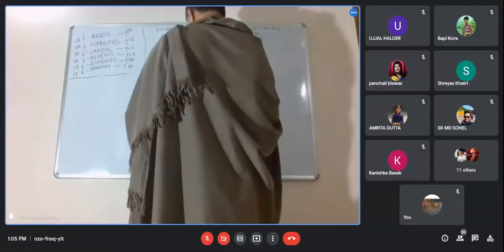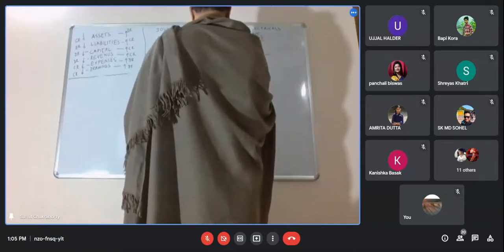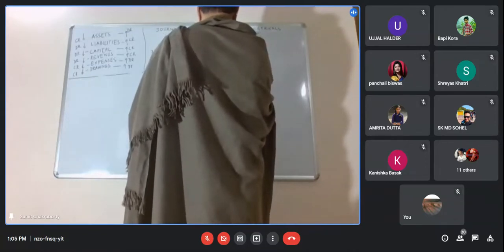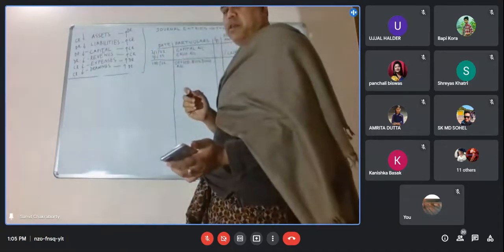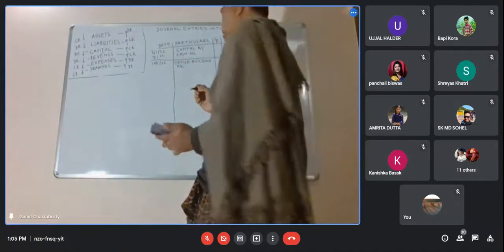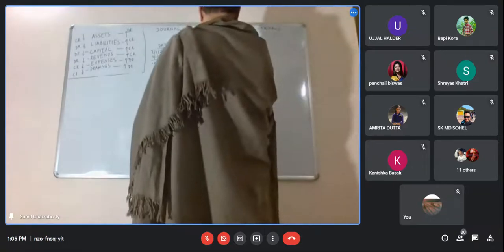How much? 25 lakh. It is debit because we have already done the debit thing, right? 25 lakhs.